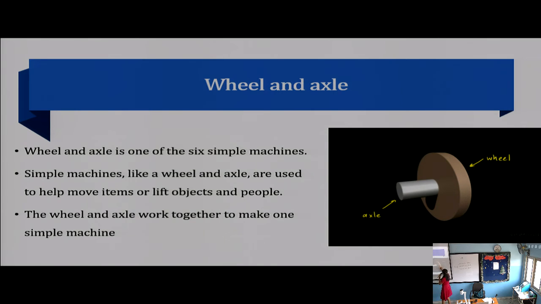This is called wheel and this is called axle. This wheel and axle are used to help moving items or lift objects, to move the items or to lift the objects.